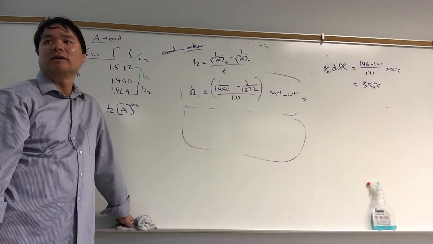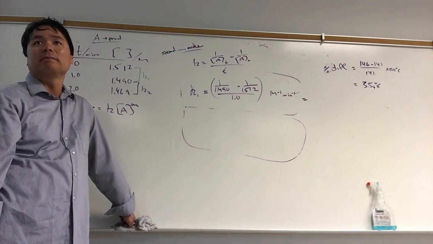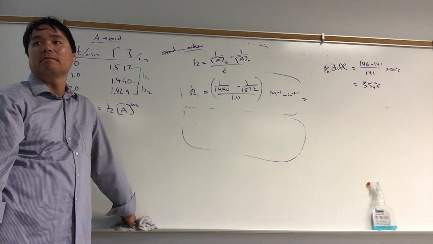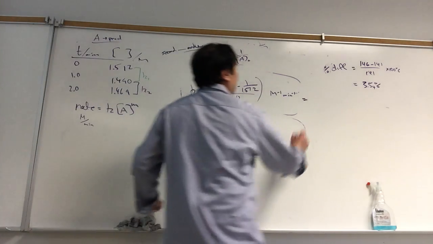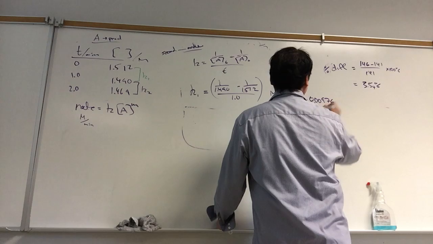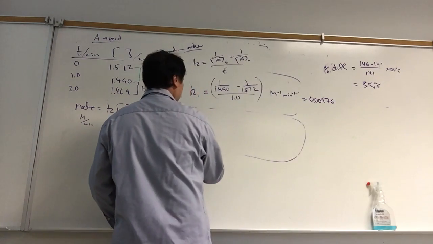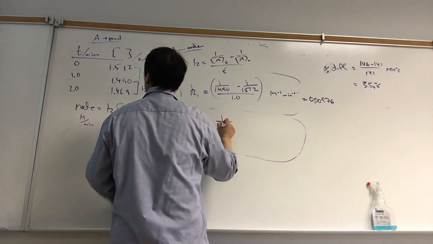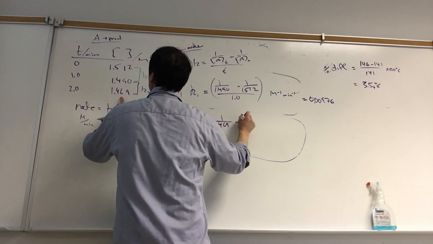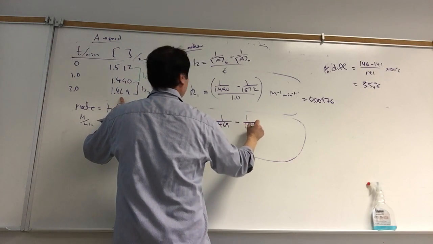You don't have to do divided by 1 though. 0.00976. Okay. And then let's go to the next segment, K2, which is going to be 1 over 1.469 minus 1 over 1.490.